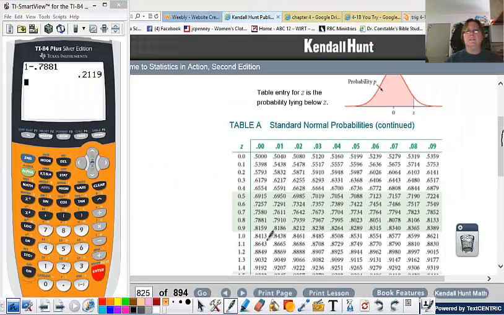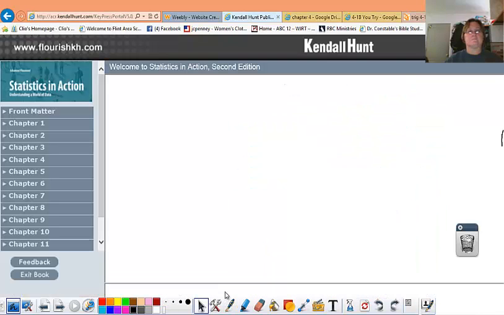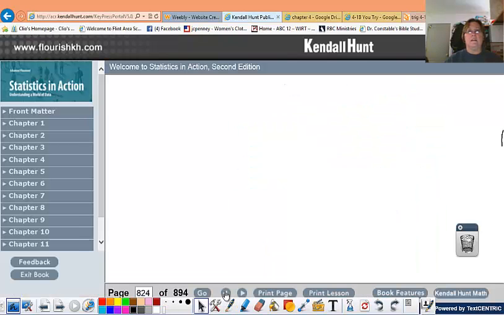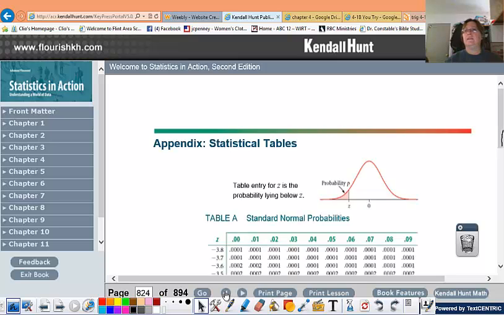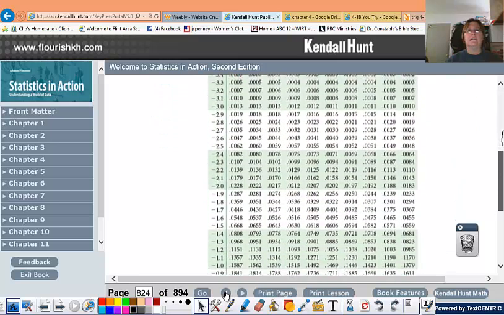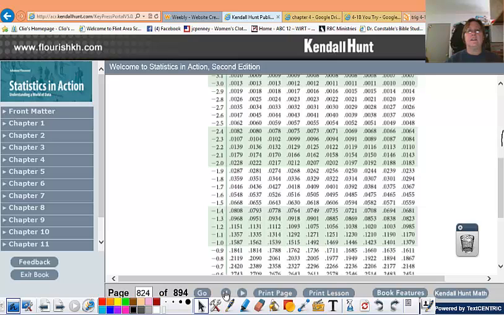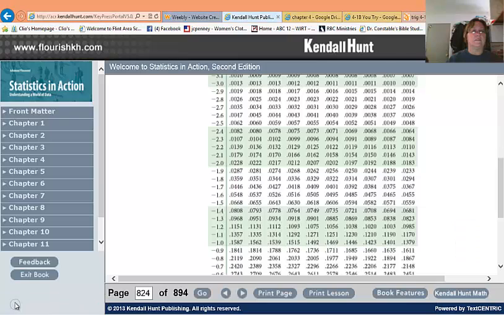For +1, 0.8413. And for negative 1, there it is, 0.1587. So 0.8413, 0.1587.